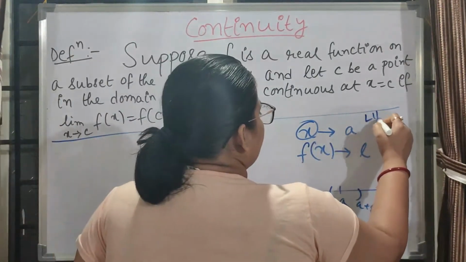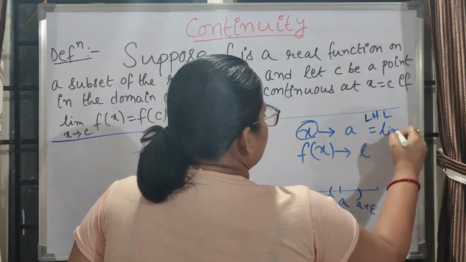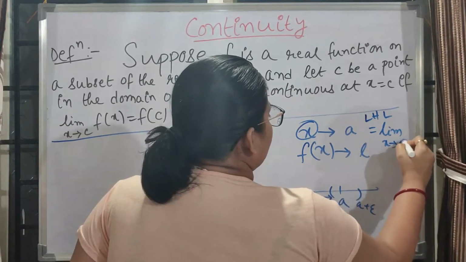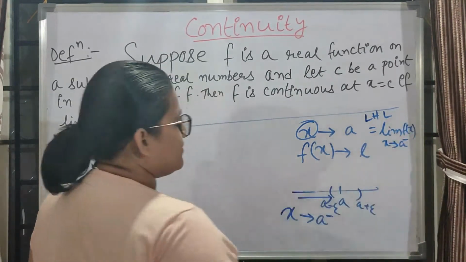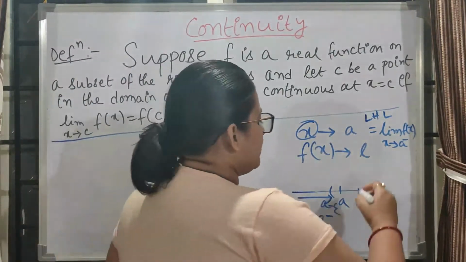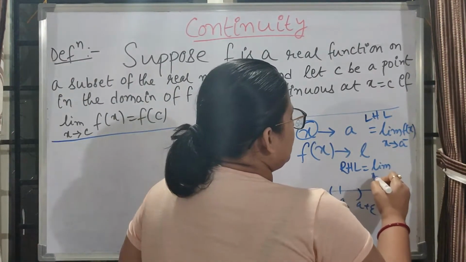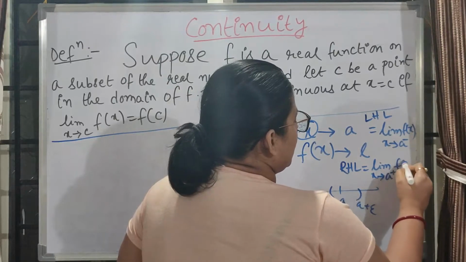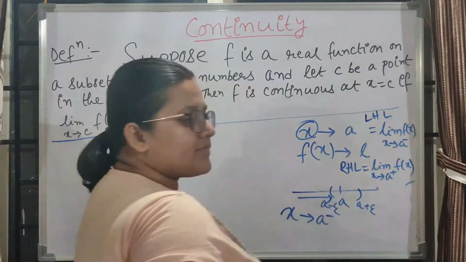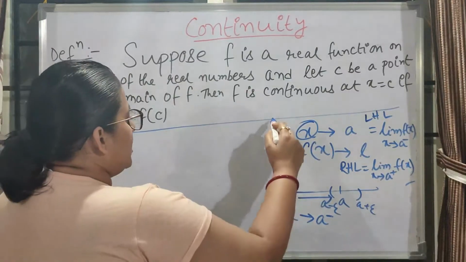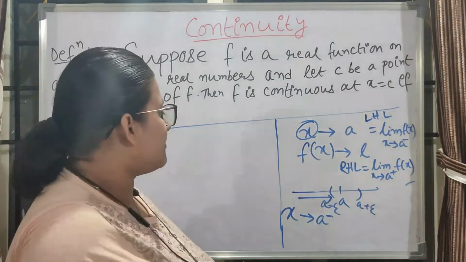So the left hand limit will be limit x tends to a minus f of x. Similarly, the right hand limit will be limit x tends to a plus f of x. I hope you all remember this limit concept.